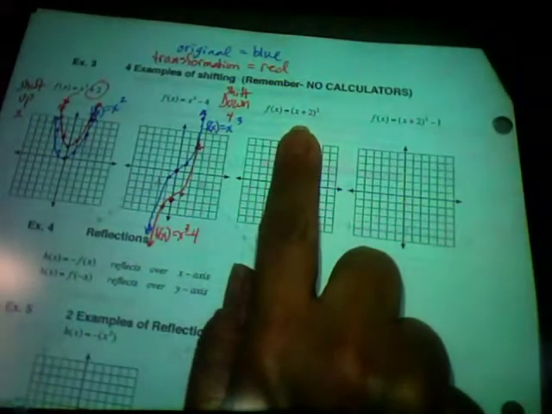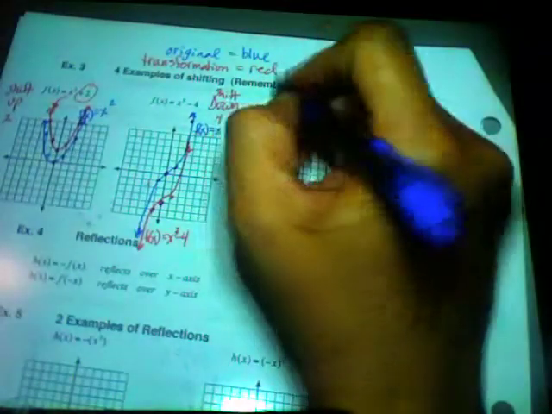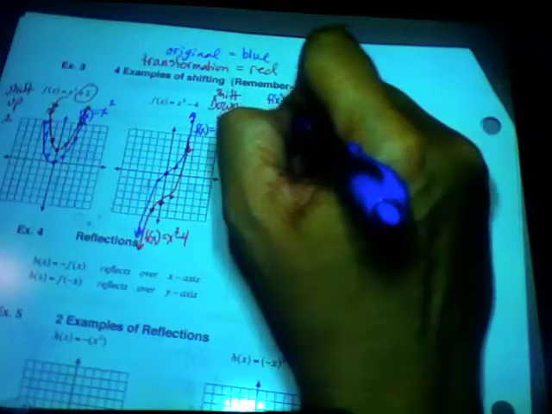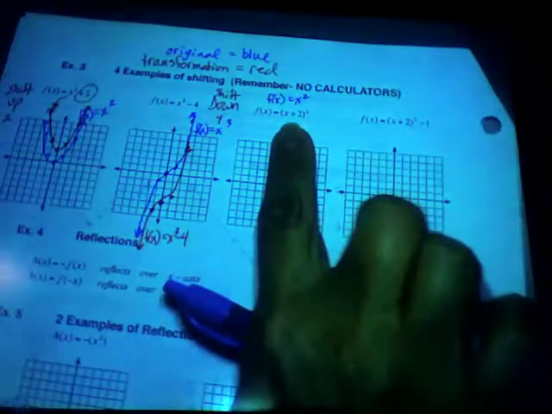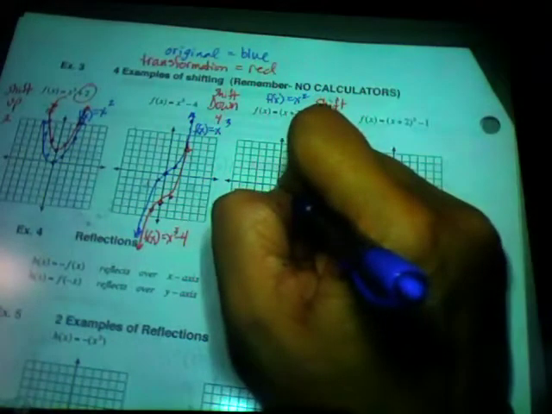Now we have, isn't this the function f of x is equal to x squared? But don't we have a plus 2 inside? So what shift is going to occur? Because it's positive, we are going to go the opposite direction, left 2. So again, we're going to draw the standard parabola.